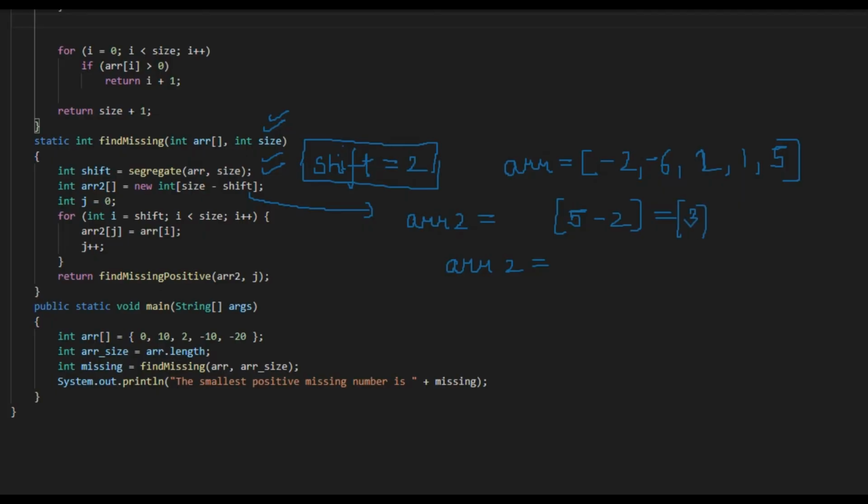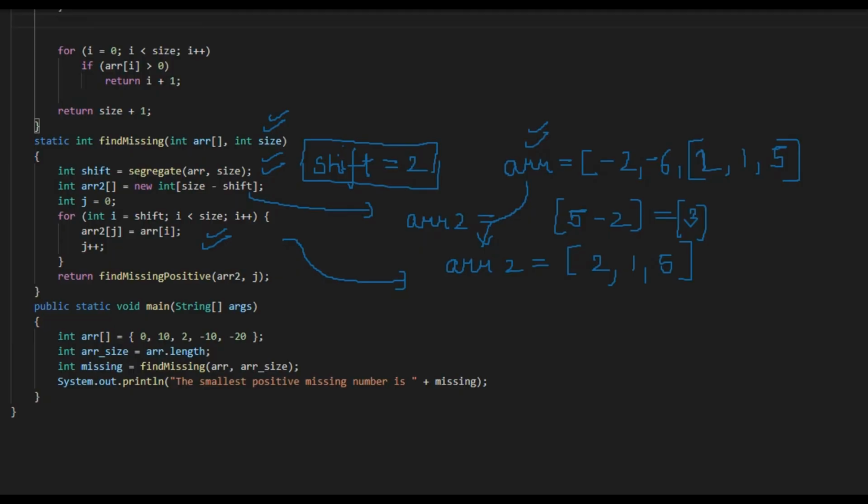This is because we want only positive elements in this array, as we have already seen in the approach before. This loop will put all the positive elements from this array into array2, and what we will have here is 2, 1 and 5.